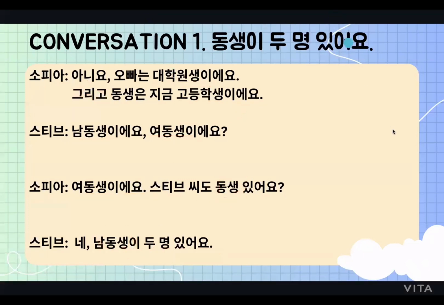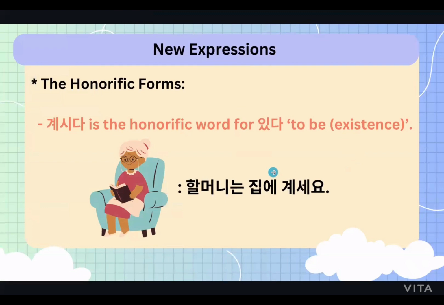New expression part. 자, then let's go. 가볼까요? So, the new expression first. It's the honorific form. 자, I already mentioned it. Korean culture values the honorific form very much because we are an honor society. So 계시다 is the honorific word for 있다, to exist. 그쵸?